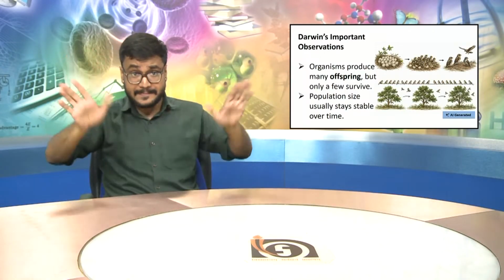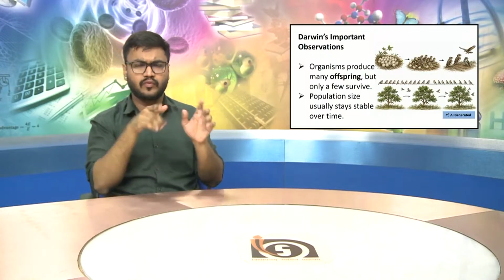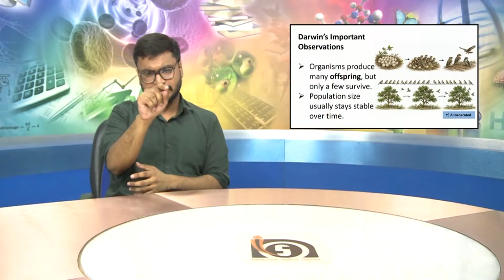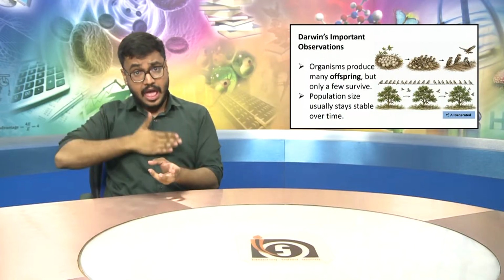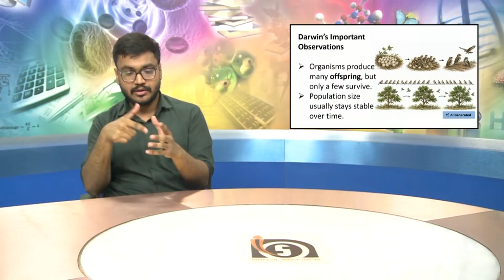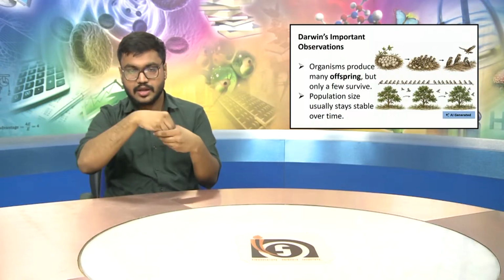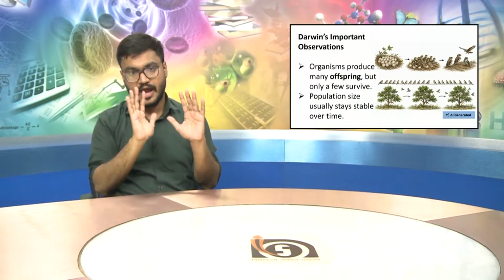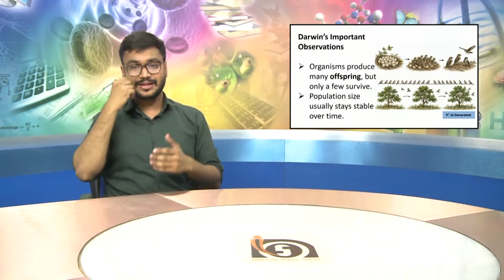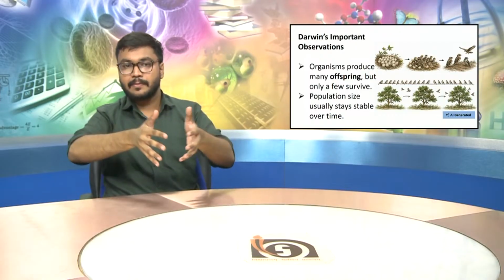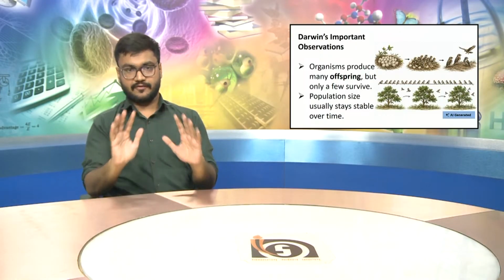Darwin's important observation. In his theory, he observed that organisms produce many offspring, but only a few survive. That's why population size usually stays stable over time.